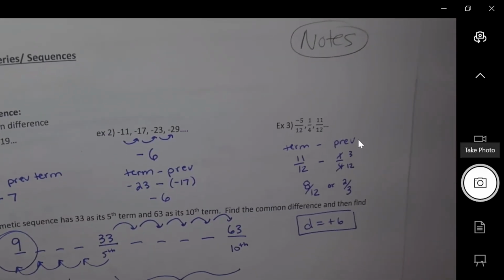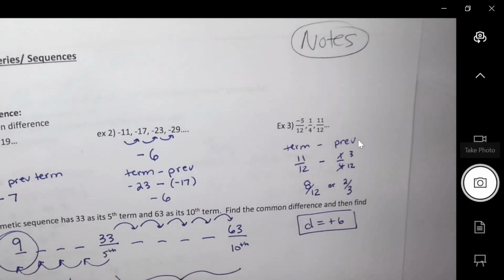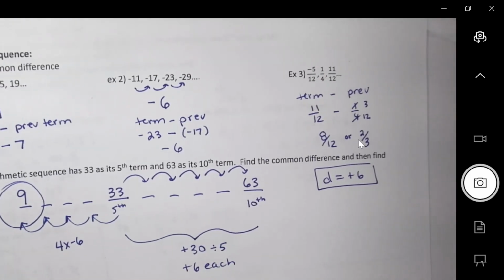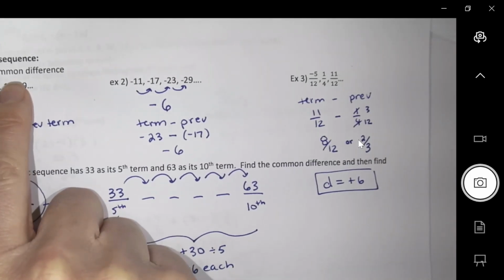Okay, so the last thing we learned was about arithmetic sequences. And an arithmetic sequence, when you see that kind of sequence, it's because you're always having a common adder, or a common difference.